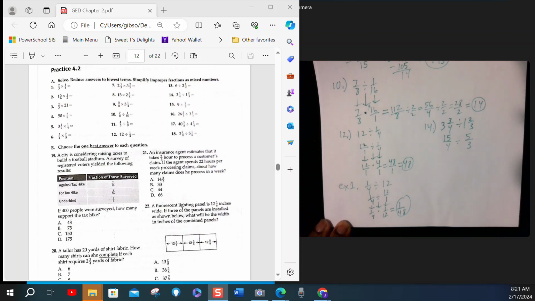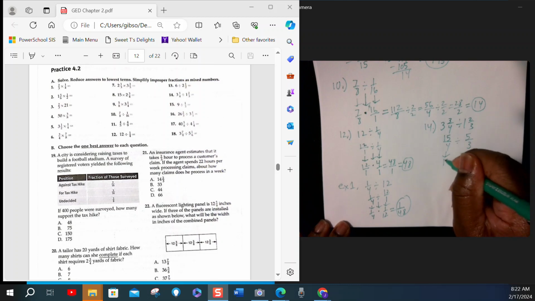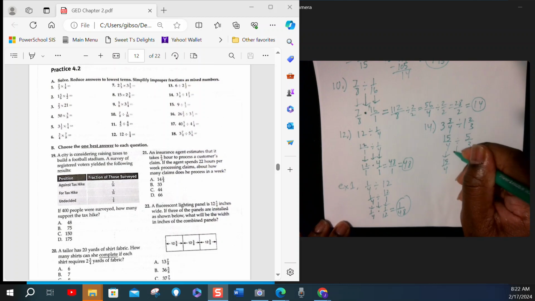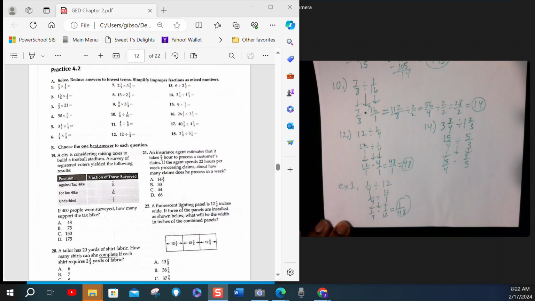Now remember, back in problem number 7, I said that was the last time I was going to show all of the steps to change the mixed numbers to improper fractions. If you need a refresher, you can rewind this and go back to problem number 7.